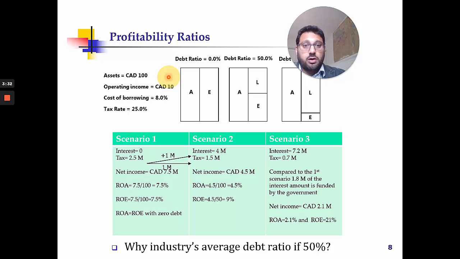In the third scenario, we need to pay 7.2 million of interest. If the operating income of 10 million Canadian dollars is stable, then it's not an issue. But most industries are cyclical in nature. Their sales are seasonal. Sometimes they can go up, sometimes they can go down.